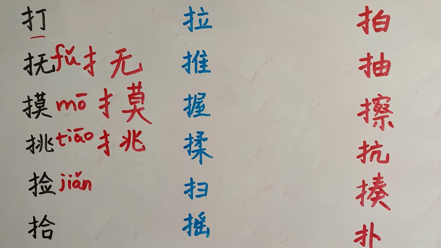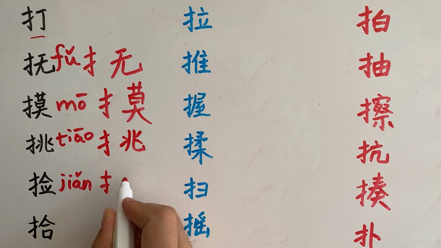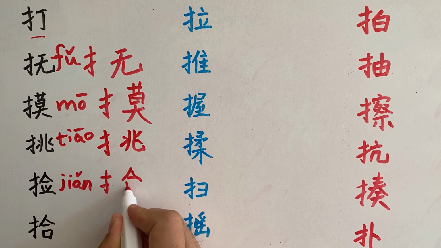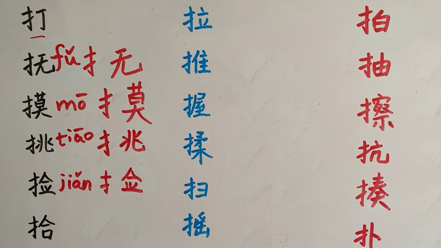So you may notice that if you want to form a verb phrase, sometimes you have to use two characters which have similar meanings, synonyms. 捡, to pick up, is written like this. Left part, the right part. 挑拣.